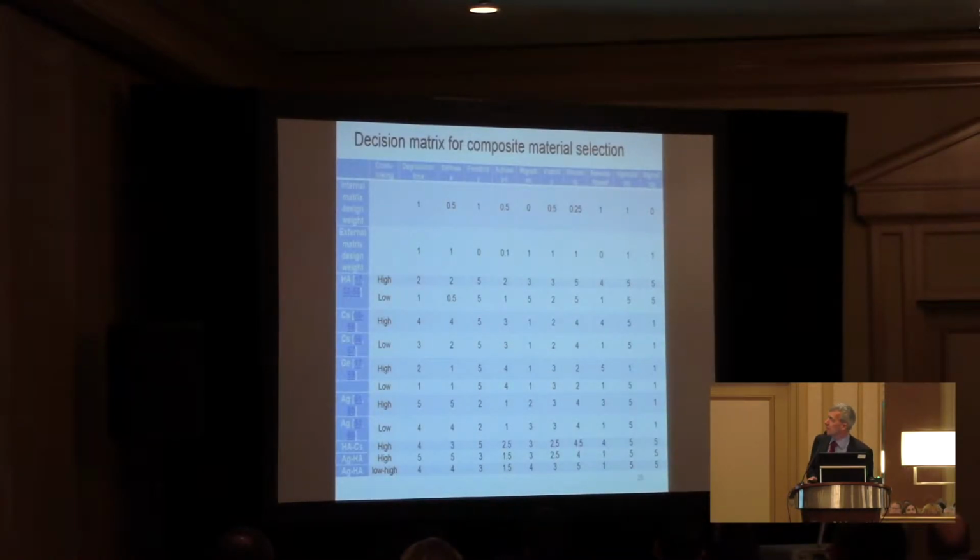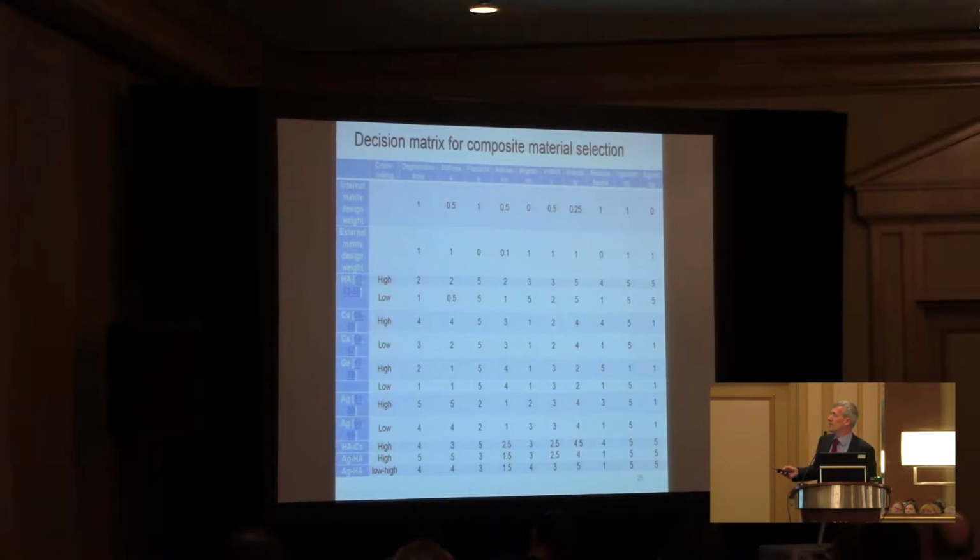So in engineering, we have a tool called the decision matrix, which is a way in engineering design where you take essentially the design variables and you put the list of all the different materials that you would want to consider. So CS is for chitosan, AG is for alginate, and HA is for hyaluronic acid.